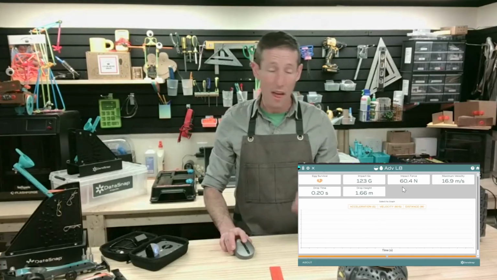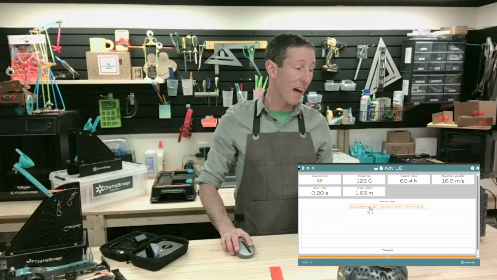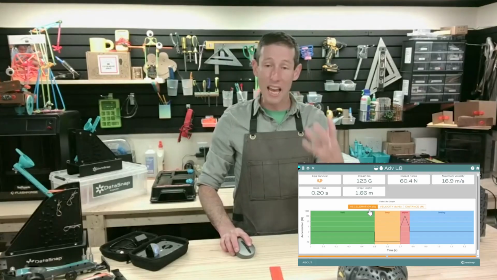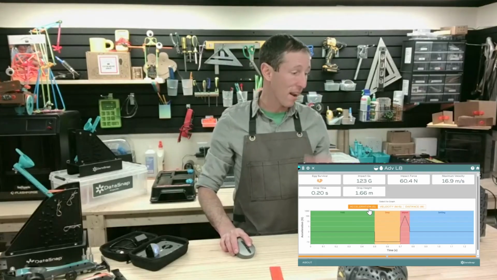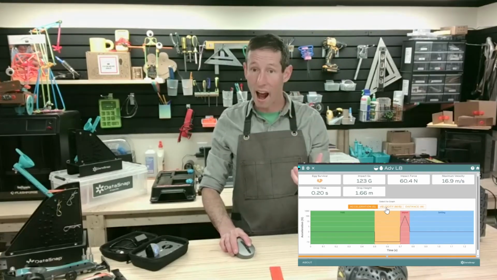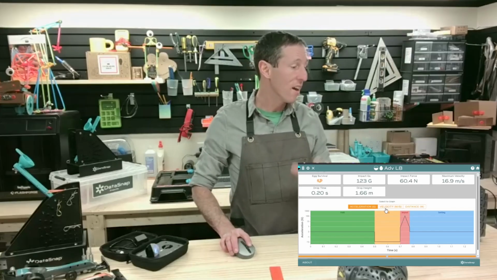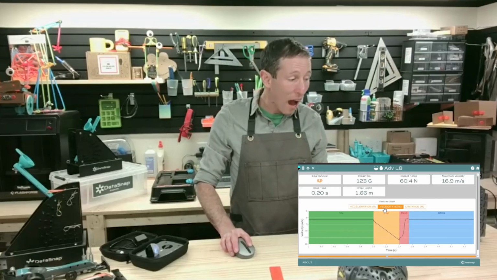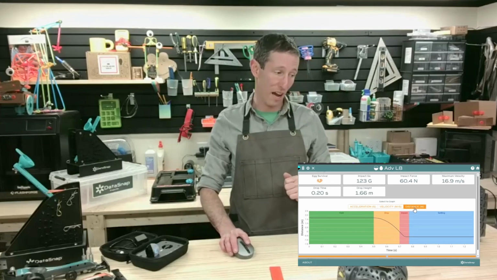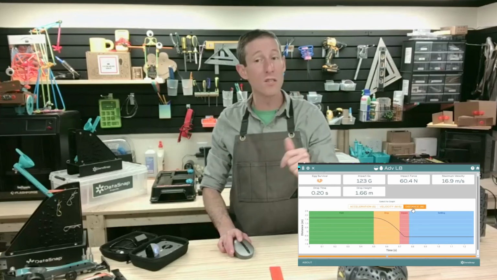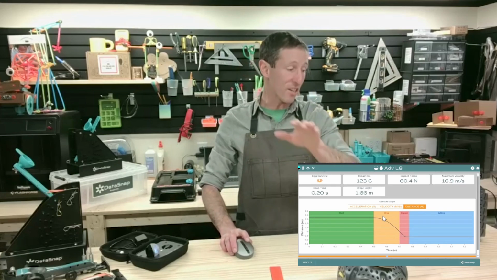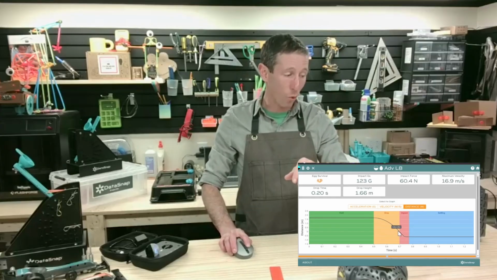But what's also amazing is that the algorithm has taken that data and created a matching graph. So it's taking that actual drop and presenting acceleration over time, velocity over time, distance over time. And if you've been teaching for a while, you know teaching graph interpretation is incredibly hard.